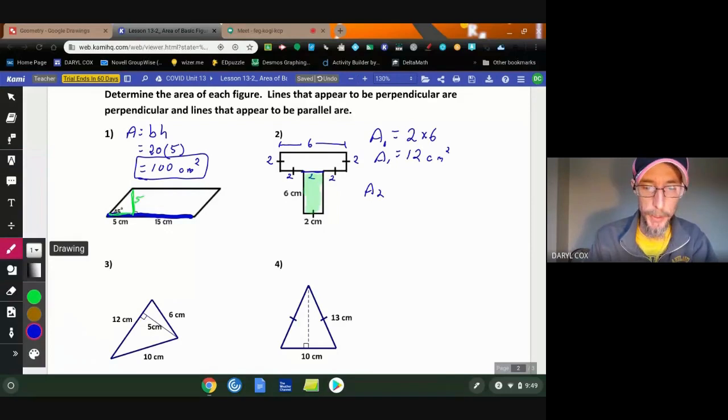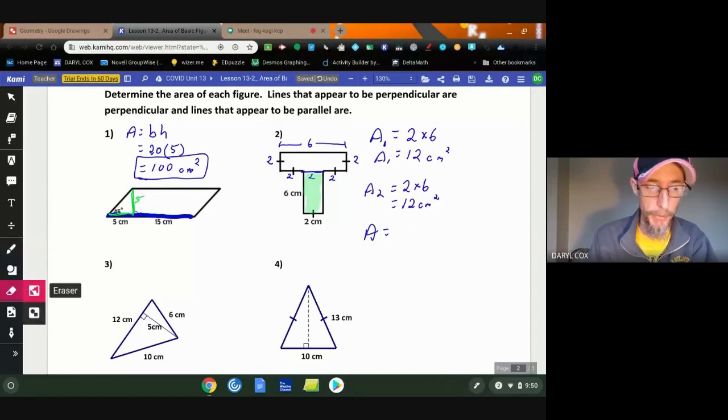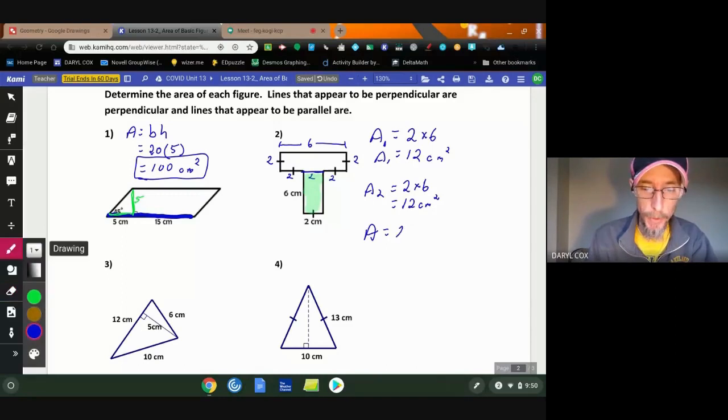So area number 2 is now 6 by 2 as well. So that's going to give me an area of 12 centimeters squared. So my total area, I add those together, is 24. Ooh, that's terrible writing. Let's fix my handwriting here. It's 24 centimeters squared. And there's my area.